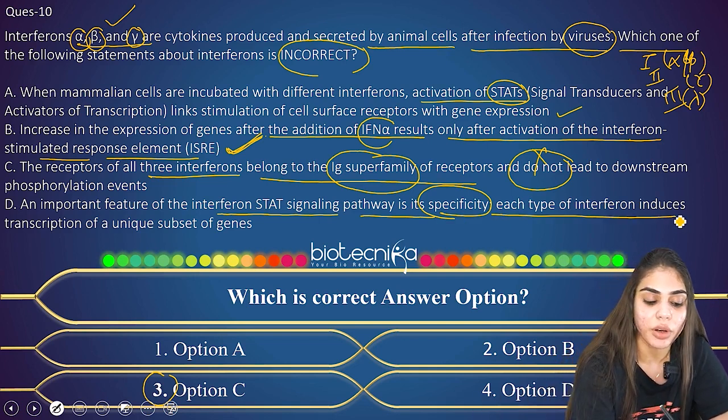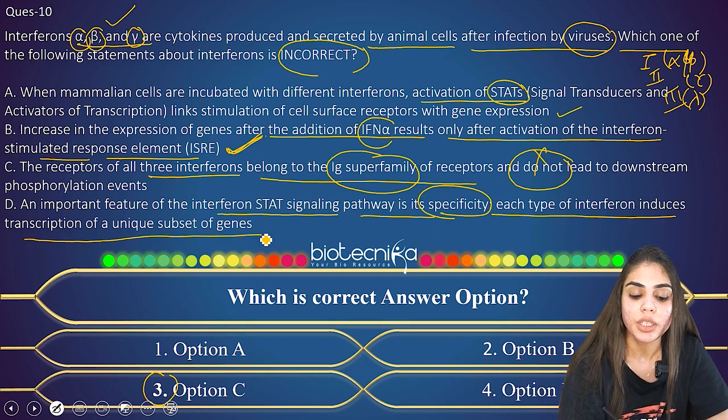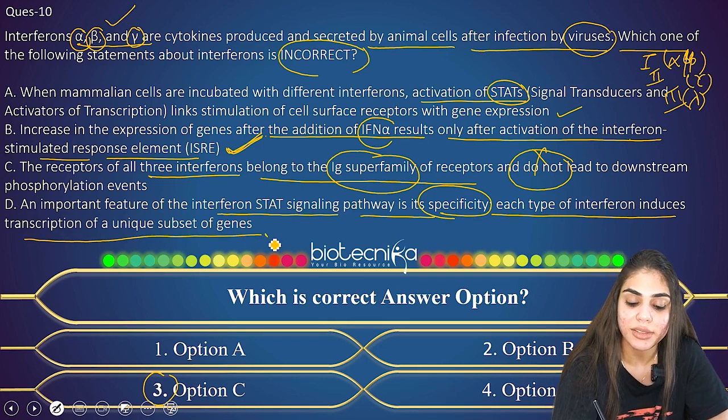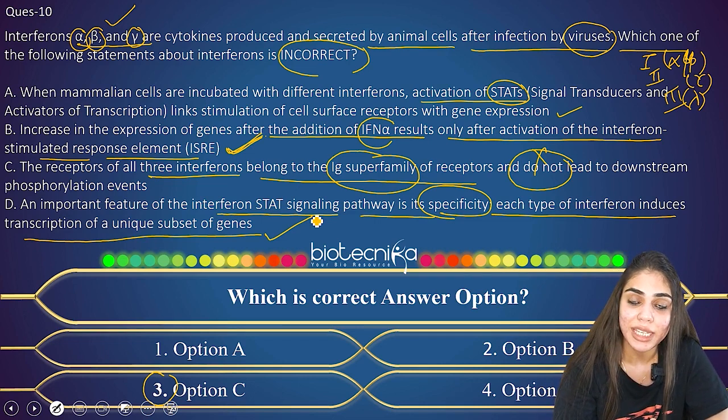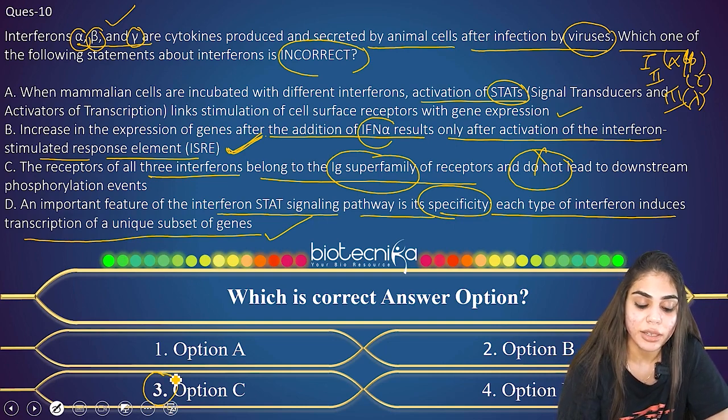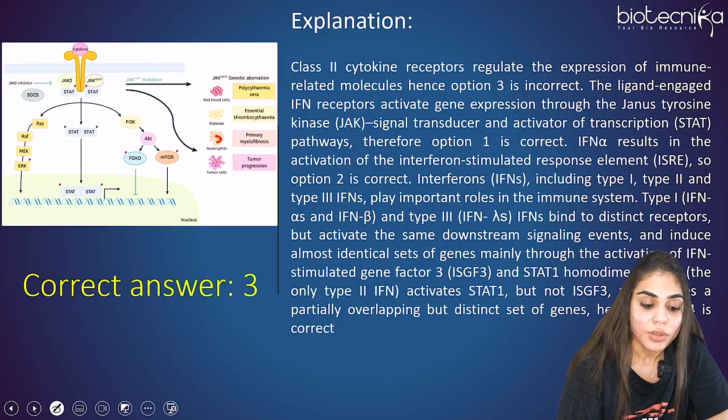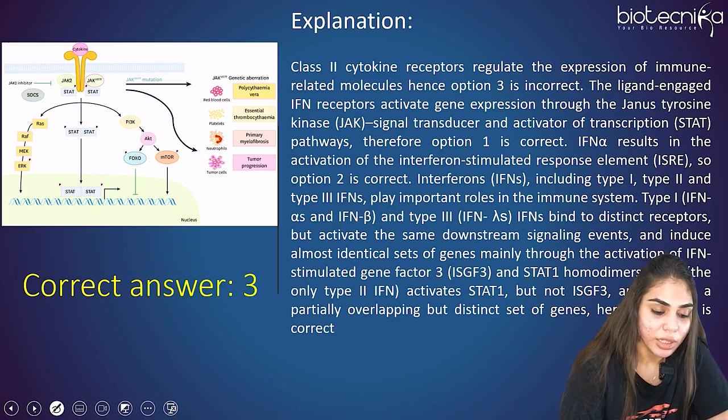Each type of interferon induces the transcription of a unique subset of genes. So again, this statement is the correct statement. Ultimately, we have seen that option 3, that is option C, is the incorrect one. So accordingly, the right answer is option 3. This is the explanation for the same, and what I have explained here is mentioned here too.